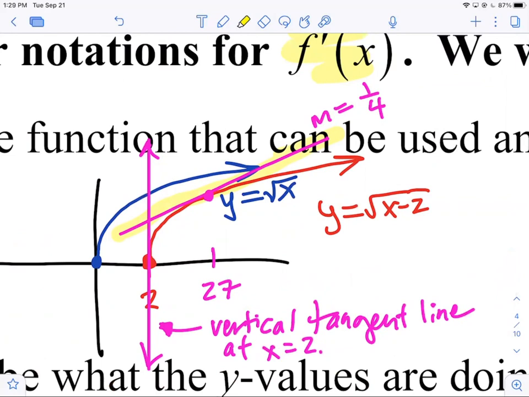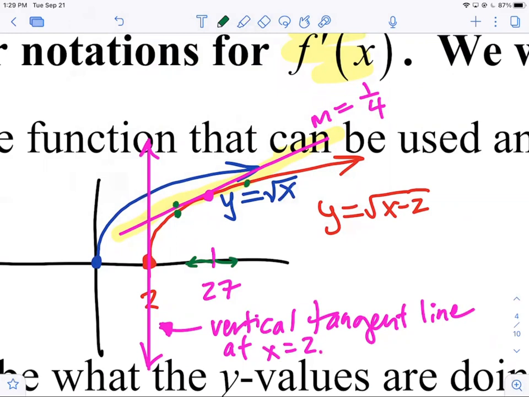And you'll see later on, another advantage of lines is if I want to find an approximation of this red curve somewhere other than 27, notice that in the neighborhood of 27, there's a small radius that I can go left and right where the red function value and the tangent line pink function value are pretty similar.